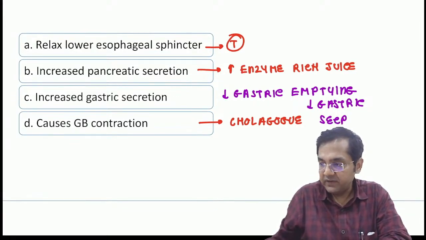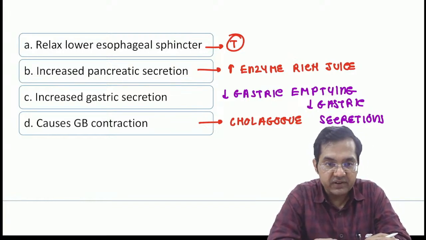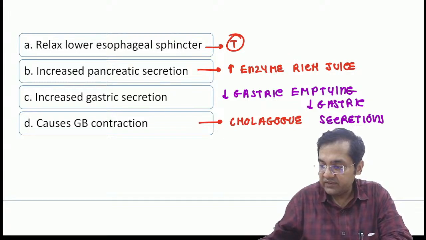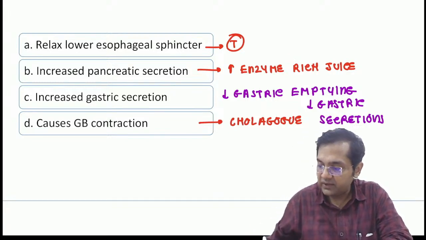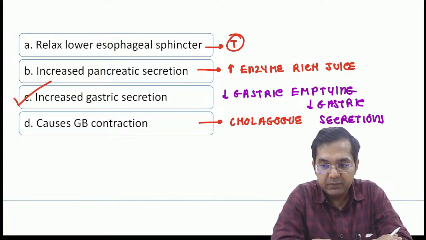So basically this is a difficult one in the sense you might get confused about the lower esophageal sphincter, but please remember it actually decreases the gastric emptying, right? So it decreases the gastric secretion. Yes, I can see that you have given the correct answer. So the answer should be it will not increase but decrease the gastric emptying.